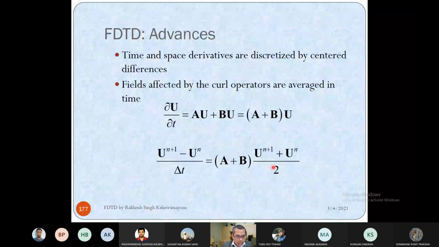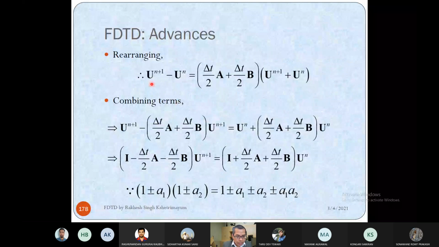So we rearrange the terms. For U^(n+1), we have just taken delta t to the right hand side. So U^(n+1) minus U^n is equal to delta t by 2 A plus delta t by 2 B, times U^(n+1) plus U^n. We bring all the U^(n+1) terms to the left hand side and all the U^n terms to the right hand side.